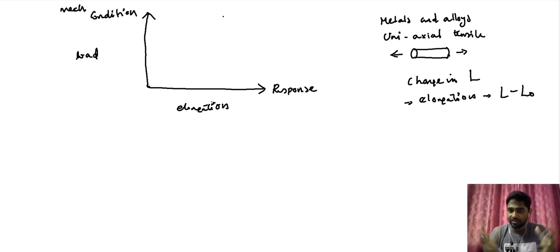Or a more precise way of looking into this plot is that you are progressively inducing a specific elongation into the material, and you are calculating the load that is required to bring about the elongation.